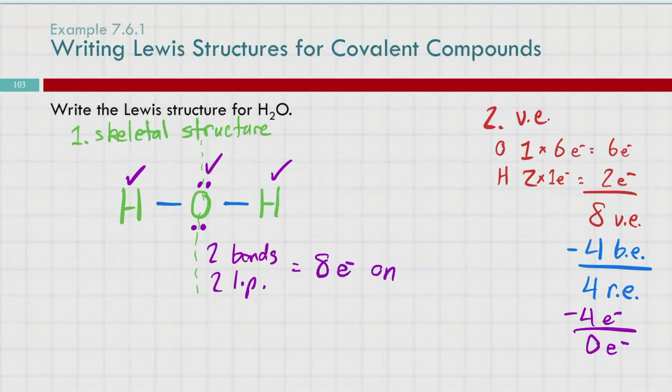So we've got 8 electrons on oxygen. That's a full octet. This is a good Lewis structure. A complete Lewis structure. Questions about any of that process? This is the process that you should get in the habit of running through when you're making Lewis structures.